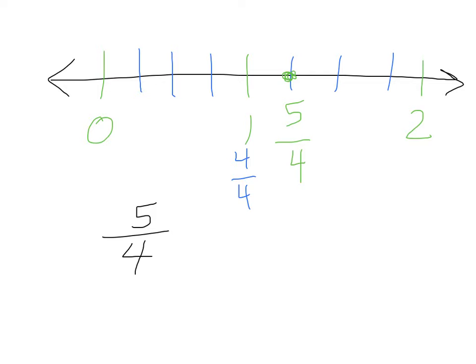And 5/4 then, this tells me, is equivalent to 1 whole, because I see it's after 1 whole, and then I'm going to do 1 hop out of 2, 3, 4. So 1 out of 4. So that would be 1 and 1/4.